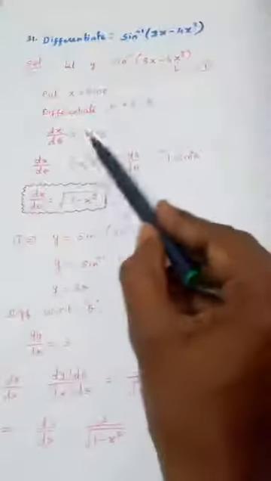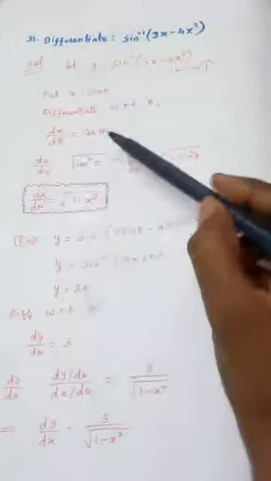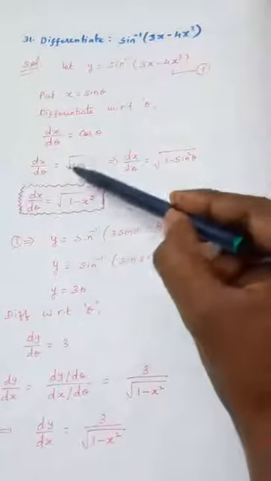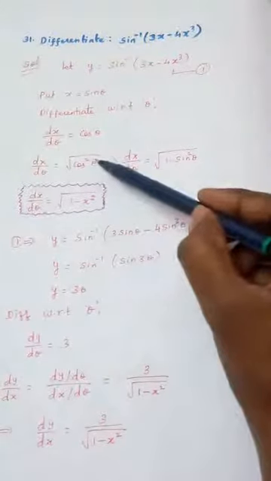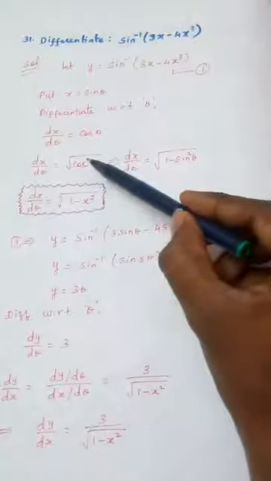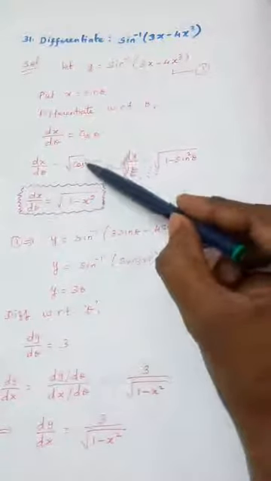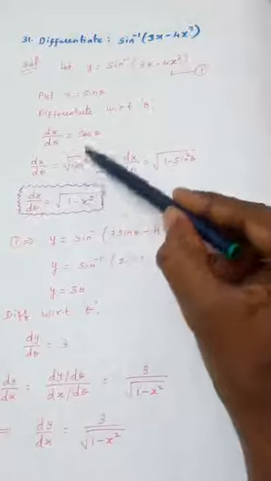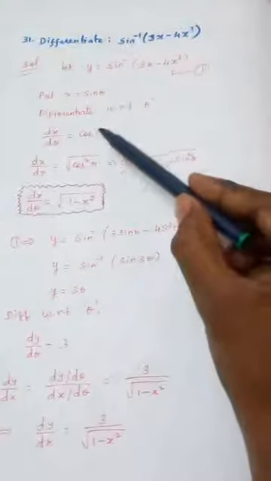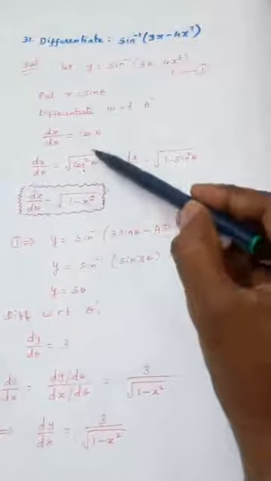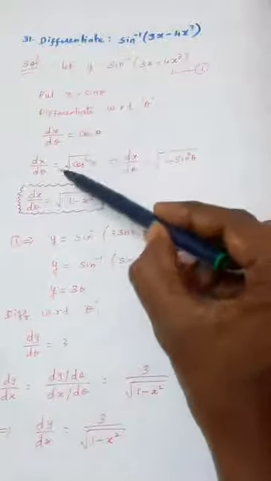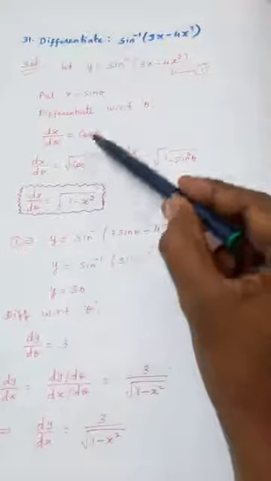Now just understand this. dx by d theta is equal to cos theta, which is written as root of cos square theta. So what I did is put a square and also put a square root. So the square root will get cancelled, and once again we go back to cos theta. From this step to this step, we ourselves put the square and square root, so both are the same.